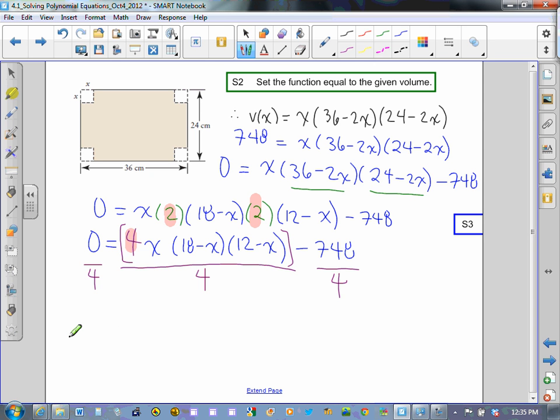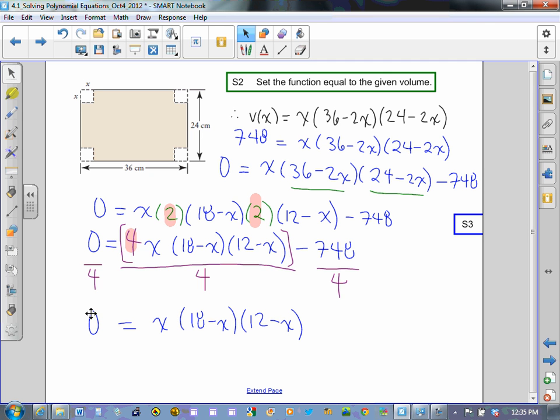The result being 0 is equal to x on 2, 18 minus x on to 12 minus x. And that's as a result of the 4's canceling out here. Here on the end, though, on the other hand, when we divide by the 4, we need to determine 748 divided by 4.